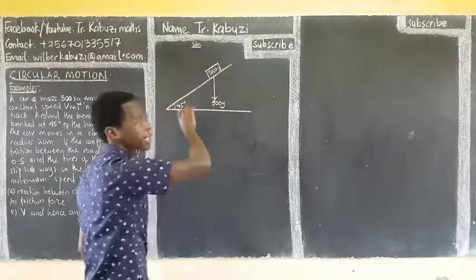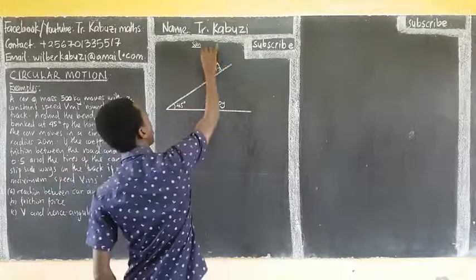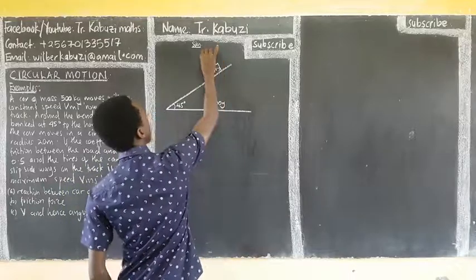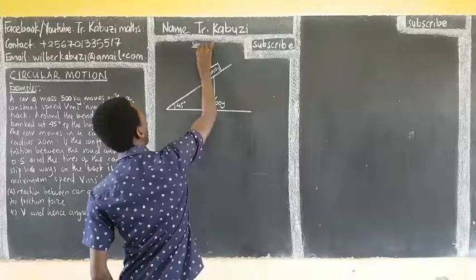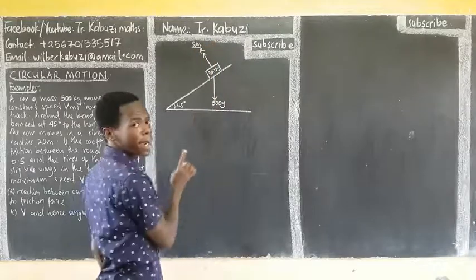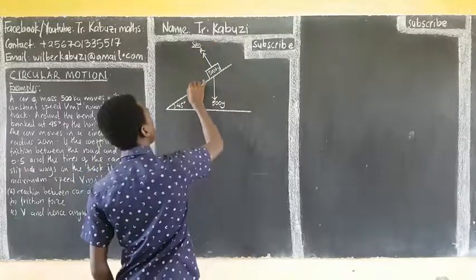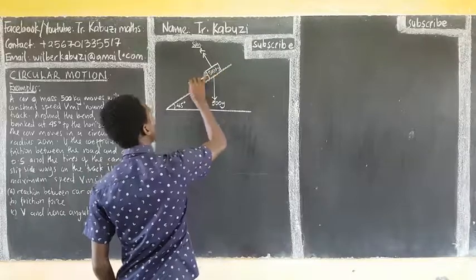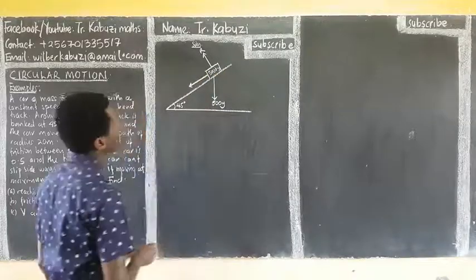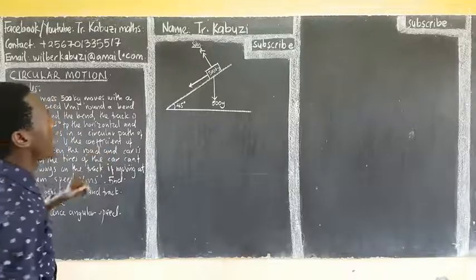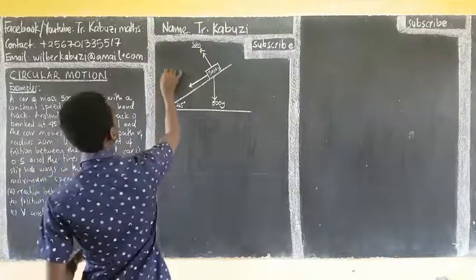Because there is contact between the surface and the car, we are going to be having a reaction there, R, and then because it's maximum velocity, we are going to be having a force that's going to act in that order. Now from there, they are telling us that this one is moving in a circular path.